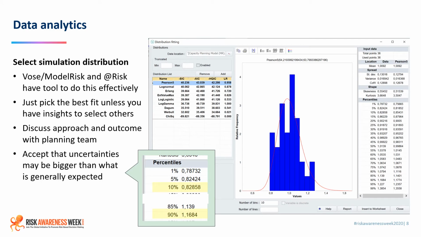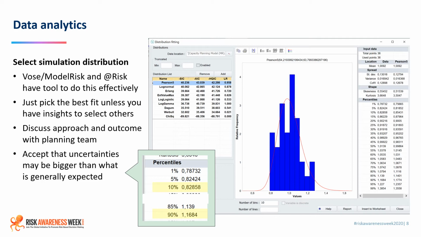If you look at the distribution I came up with, the dummy numbers here, the 10th percentile is 0.828, which means that there's 17% below planned. That's a 10% chance actual demand will be 17% below what you expect. There's also a 10% chance it will be more than 17% above what you plan.